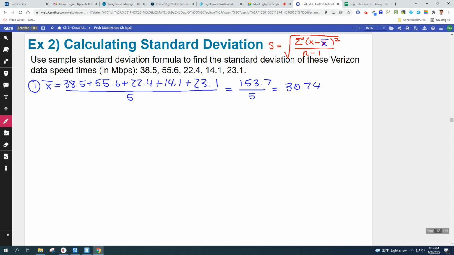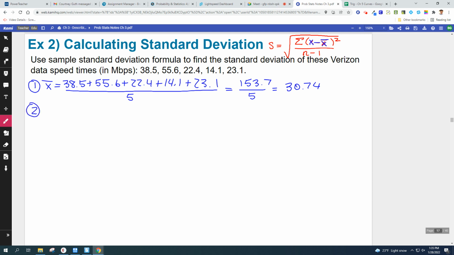If I'm thinking about order of operations, the next thing I'd have to do, still inside the parentheses, is take x minus that x bar. And I remember what x is. X stands for each one of those data values. X means each one of those numbers.